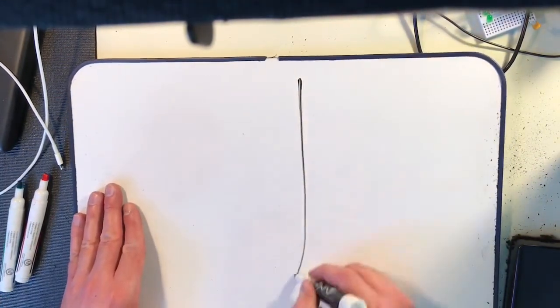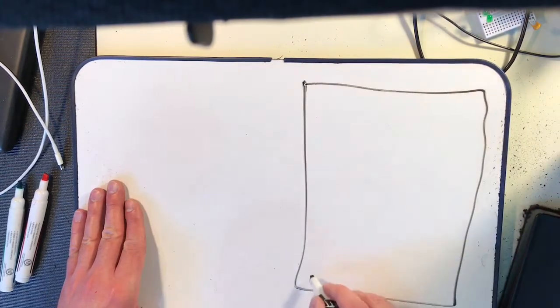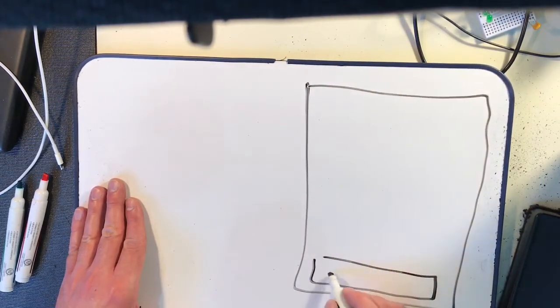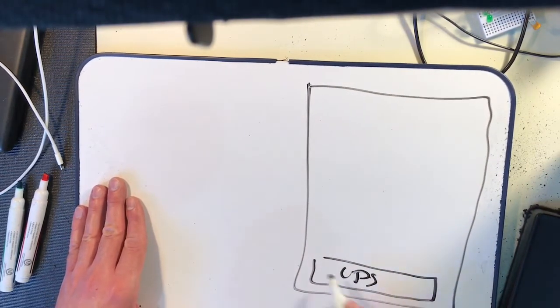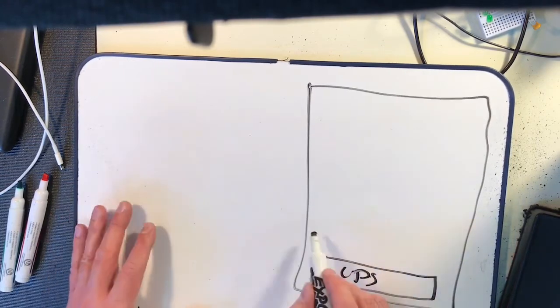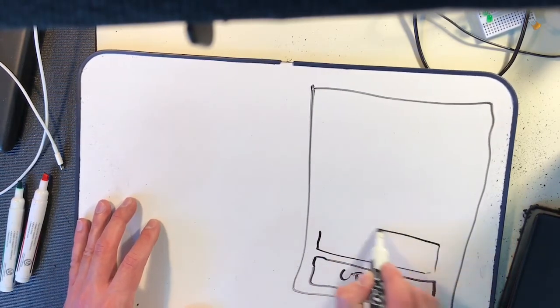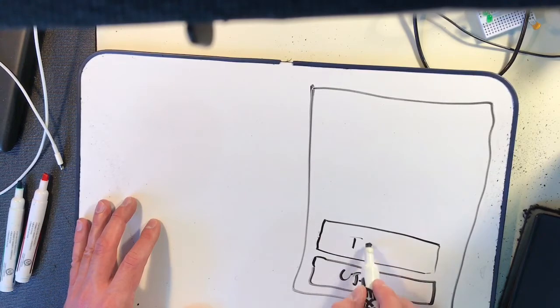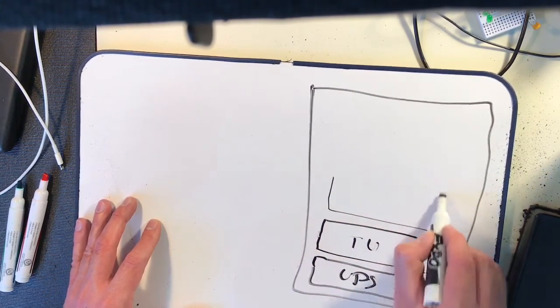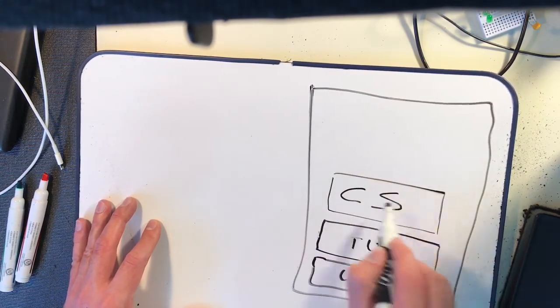This thing's really dirty. So we have our server rack, and here we have going from the bottom up, the UPS, which is not connected to anything in this example, so we don't need to worry about it. Next up from that is the telemetry unit, and then we have the central station.